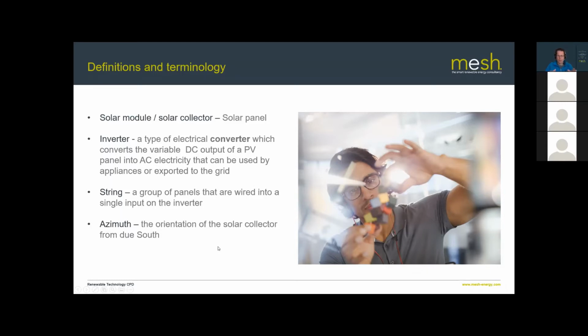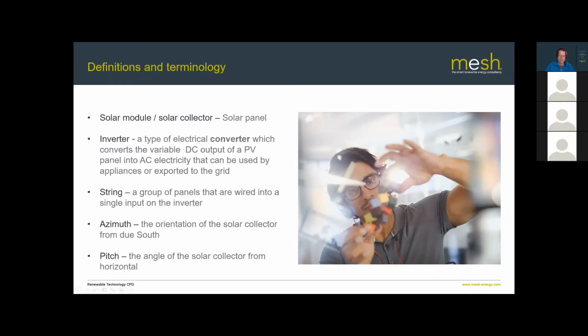The azimuth is basically the orientation of the panel from due south. We're in the northern hemisphere in the UK, so the closer we can angle panels to due south, the better the output of the solar PV array will be. And then we have pitch, which is the angle from horizontal of the panels.